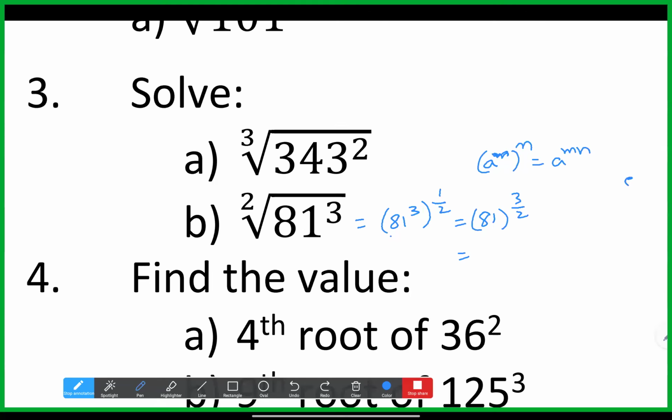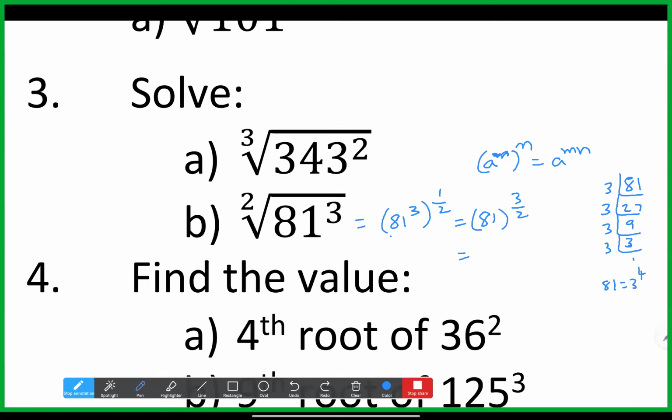How many times I show? 3 27s are 81, 3 nines, 3 threes, 3 ones. So 81 is equal to 3 power 4. Any doubt, Ishma?